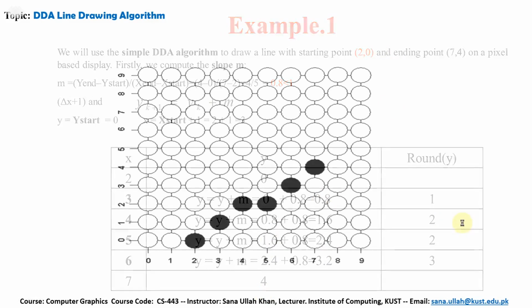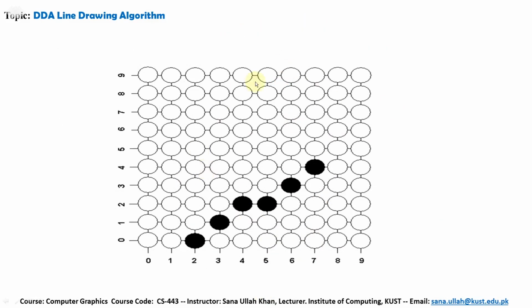So if we want to draw these pixels on the screen and display them, if the x value is 2, then the corresponding y value is also 2, and for the earlier point the corresponding y value is 0. If x increases with the unit interval, it becomes 3, then the corresponding y value will be 1.